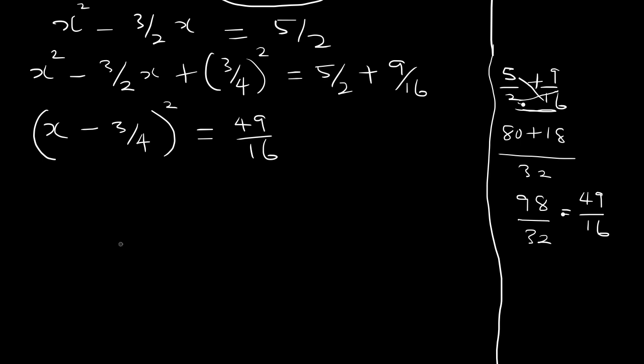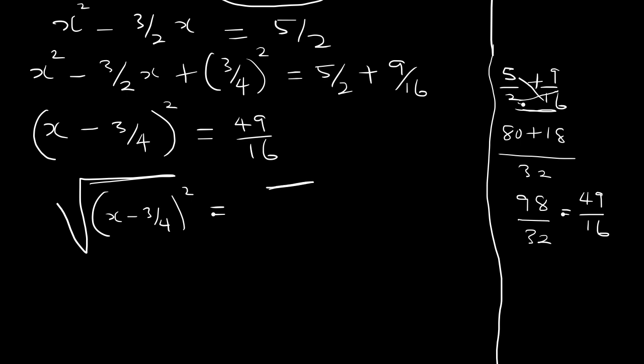Now, we are going to remove this square sign. For us to achieve that, we'll take the square root of both sides. So square root of 49 over 16.